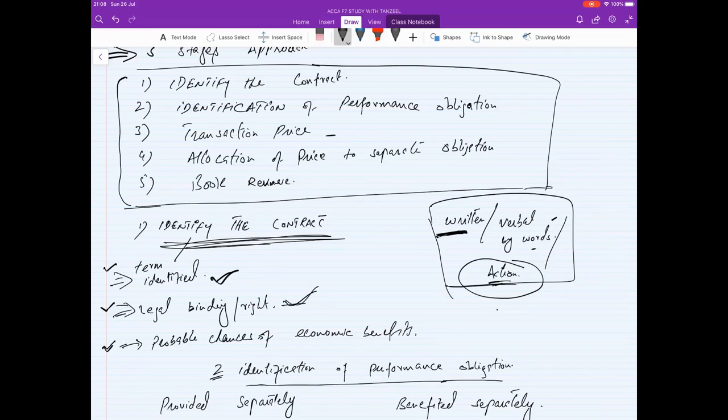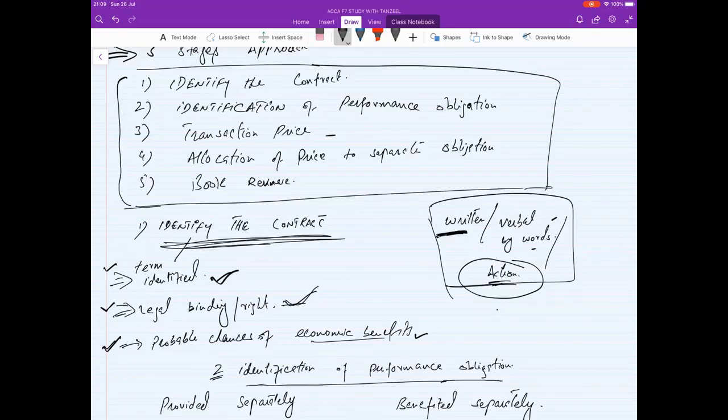The third one is a probable chance of economic benefit. Out of this contract you will have a probable chance of economic benefit. Suppose I do a contract with you for an iPhone 11.